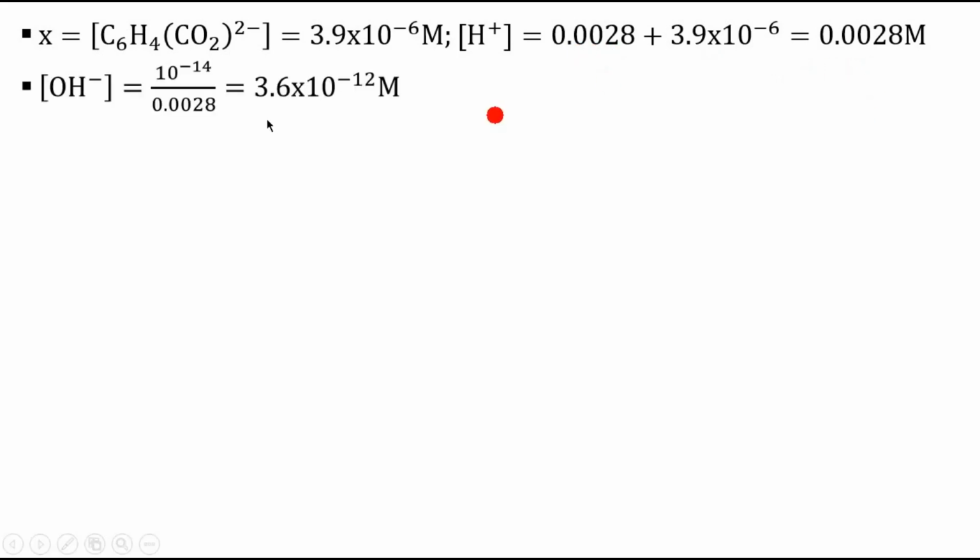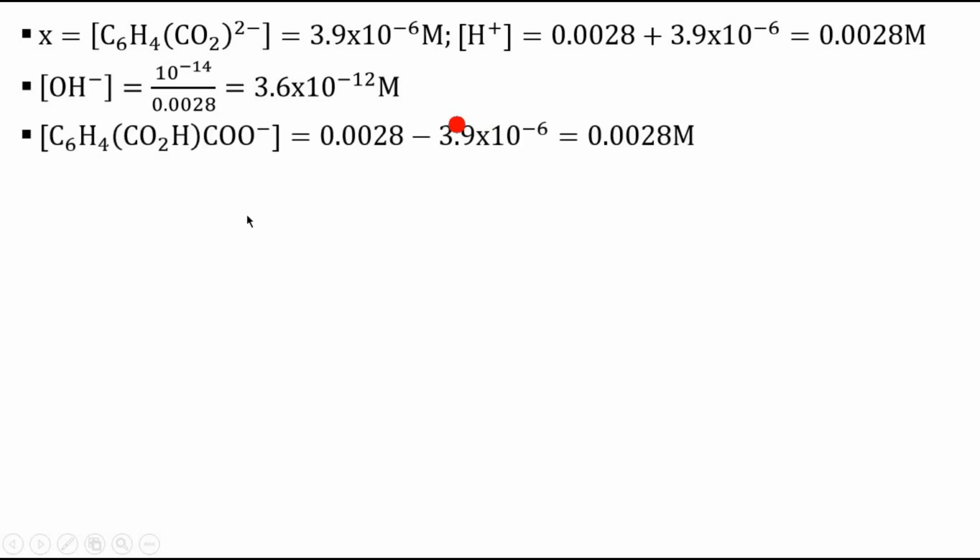Then after getting the total H plus, you can determine the hydroxide which will be in the solution at equilibrium. Then you take 10 power negative 14 divided by this one, and you get 3.6 times 10 power negative 12 molar. Then the one that will remain after the second dissociation, we get this one minus X, and we get this value.